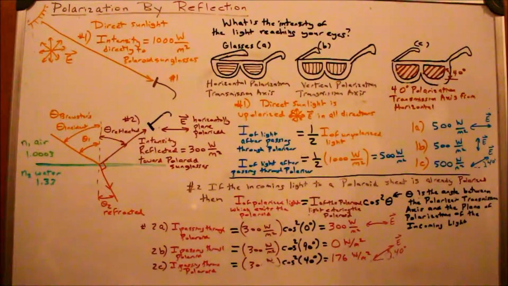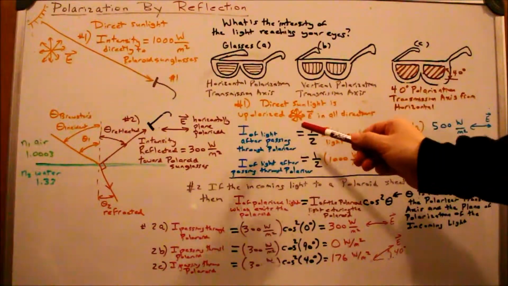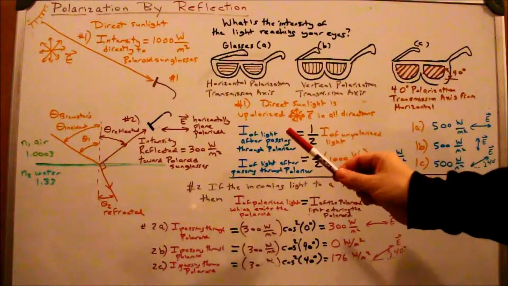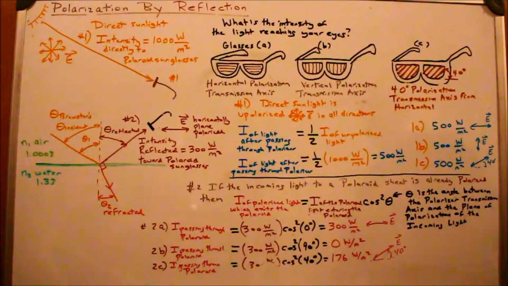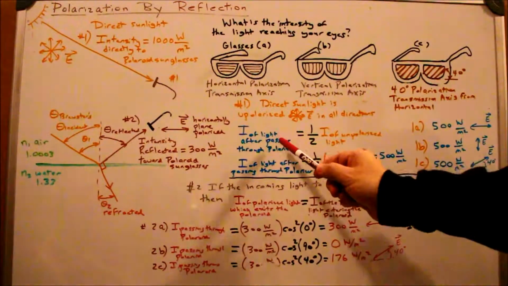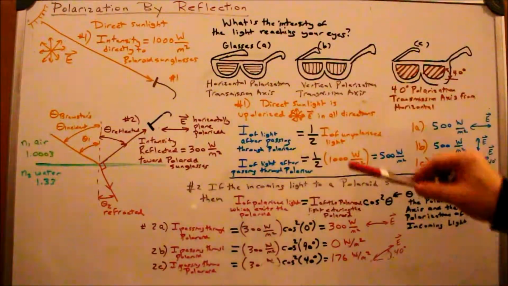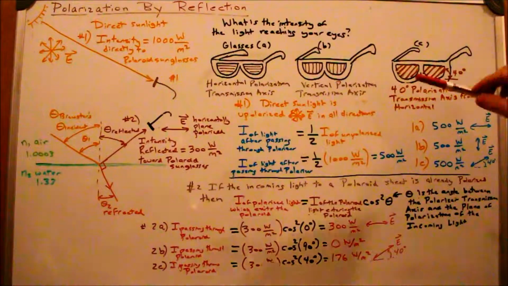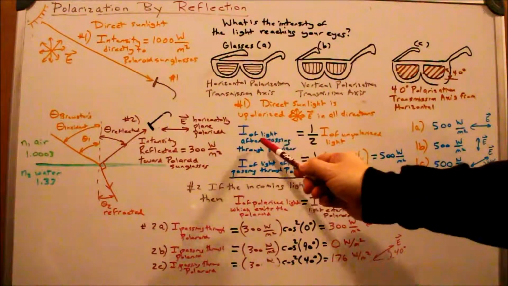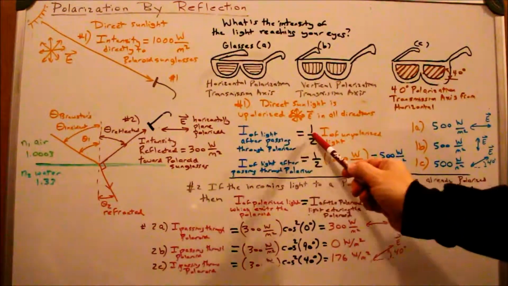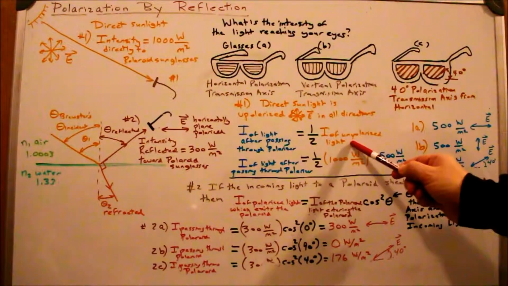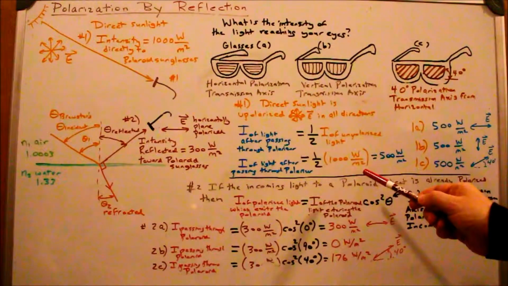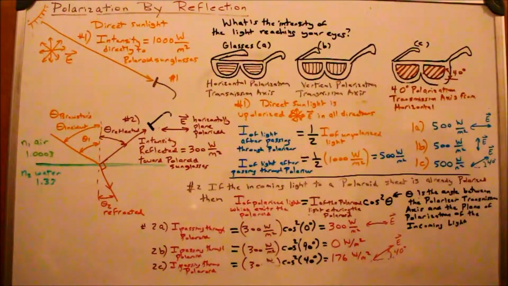Number 1, direct sunlight is unpolarized, which means it has electric field in all directions, and for that case, when I have unpolarized light coming to a first polarizer, the intensity of light that passes through the polarizer is 1/2 the intensity of the unpolarized light which is coming towards it.